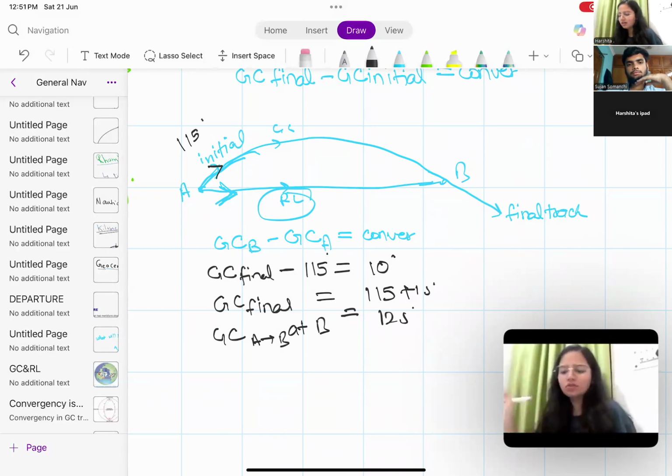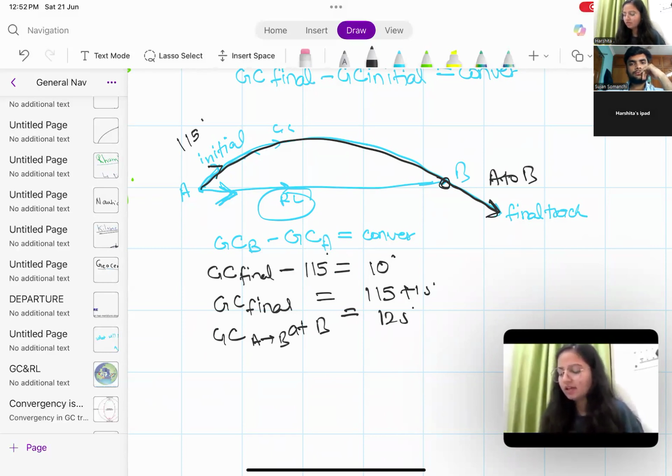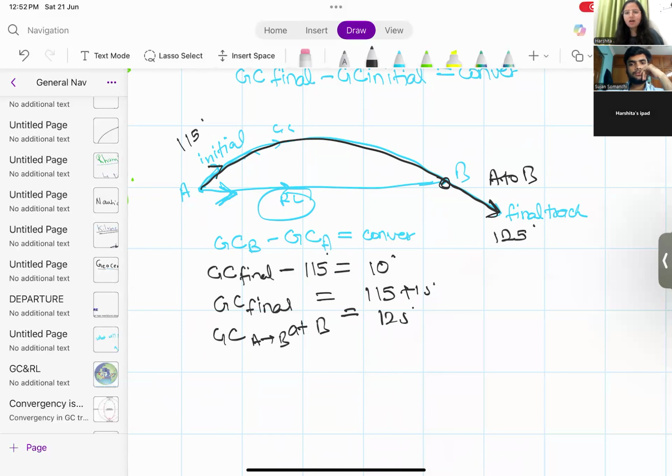So good so far. This direction A to B, from A to B seen at B, this angle we found out, 125 degree. How is this 125 degree found? What is the meaning of this 125 degree? 125 degree means from here till here. 115 here meant drawing a north here.